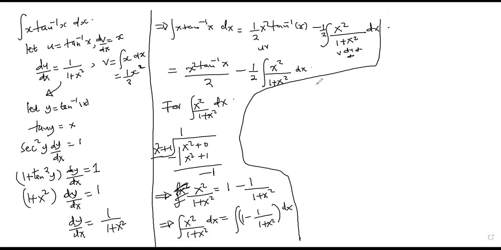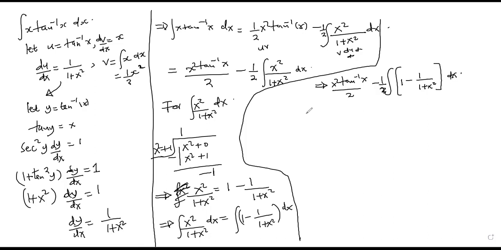My whole thing is going to become, of course, from here, x squared tan inverse of x over 2 minus a half integral of 1 minus 1 over 1 plus x squared dx.